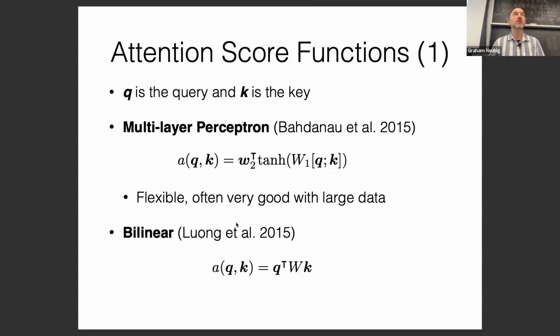So what we tend to do instead is something called bilinear attention. Bilinear attention is basically where you take the key vector and the query vector, multiply the key vector by a weight matrix, and then take the dot product, or you take the transpose and calculate the output.